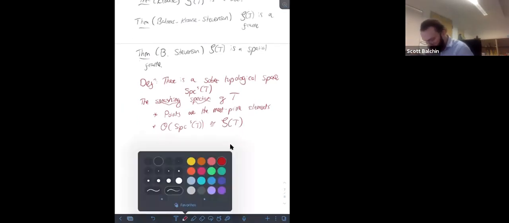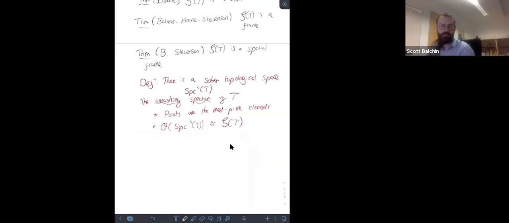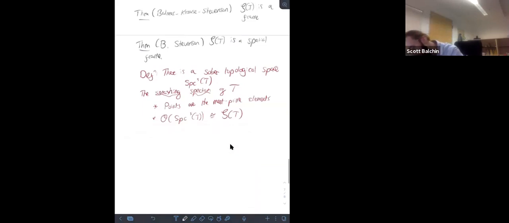So this comes instantly with the usuals that you'd hope for with such a thing in the TT world. So we have things like if X is now any object of T, we get a smashing support corresponding to the object X, completely analogously to how Balmer defines it.